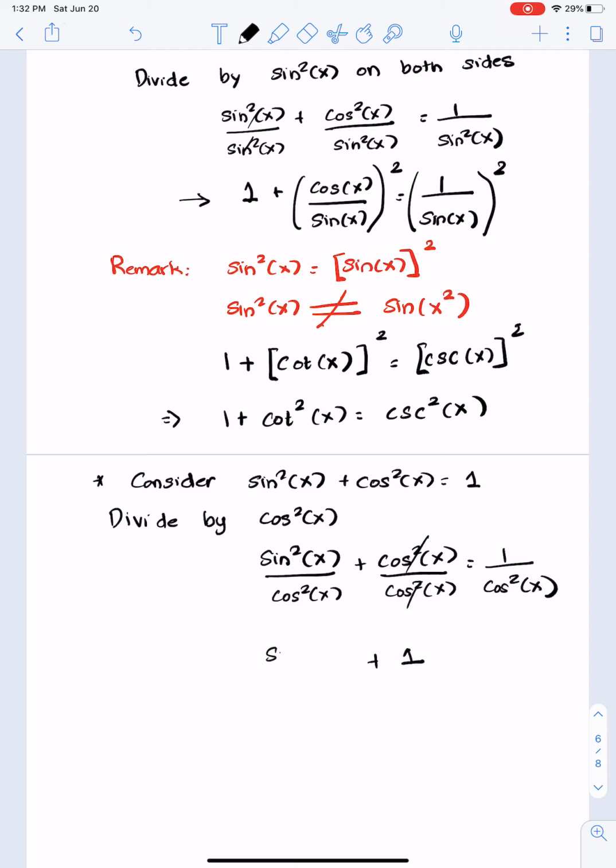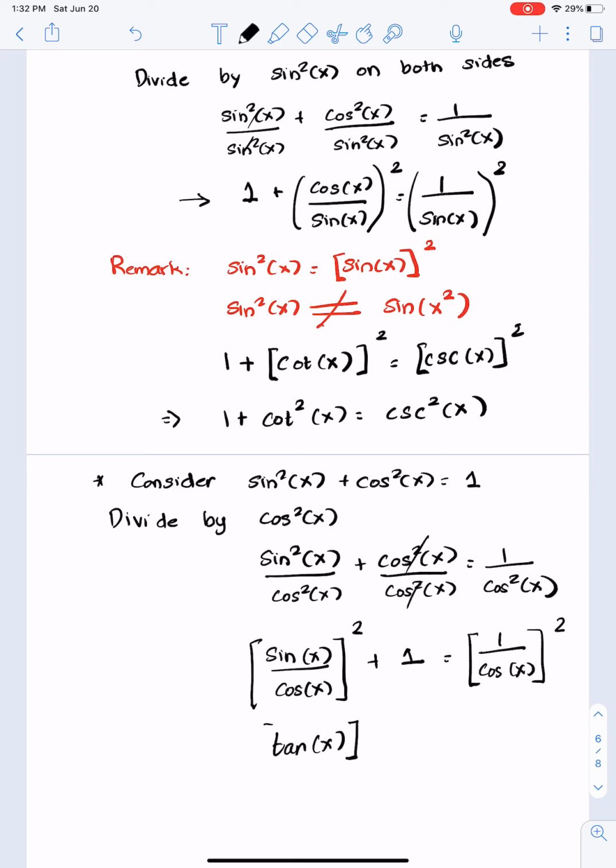And here I could write the first term as sine x divided by cosine x, the entire thing squared. Right hand side I'd have 1 over cosine x, squared. We know that sine over cosine is tangent. So we have tangent squared plus 1.